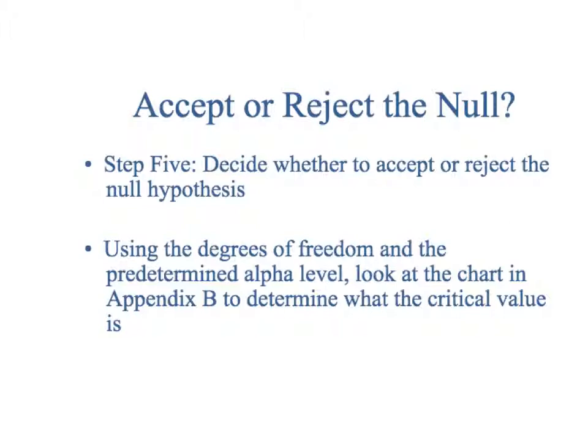Once you have determined your critical value, you are going to make a determination. Decide if you are going to reject or fail to reject the null hypothesis. And so in this case, after we looked in our table of chi-square values, we found that the critical value is 5.99.